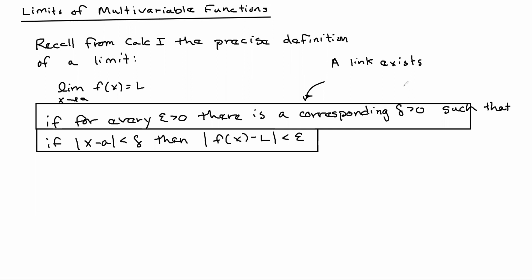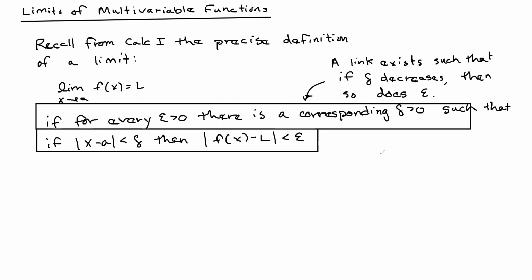And in particular, that link says that if delta decreases, then so does epsilon. So that's what that piece says.